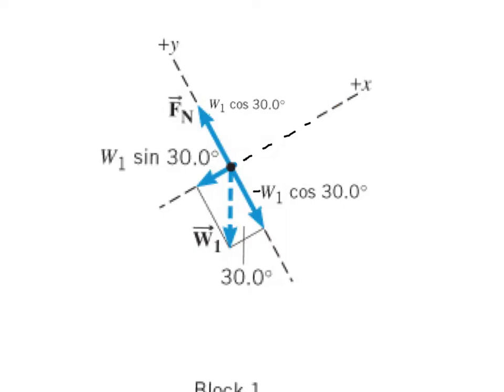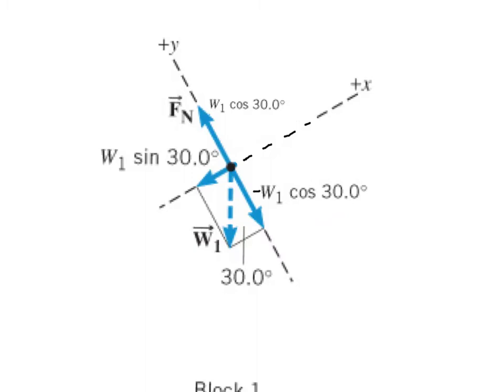So the best way to take a look at this is to look at a free body diagram. So here we have our brick, which is just a dot, and here is the force of gravity pulling down on it, which is the brick's weight. And to find the component that is pointed into the hill, it's just the weight times the cosine of the angle, just like we've been doing. And that's going to be negative.